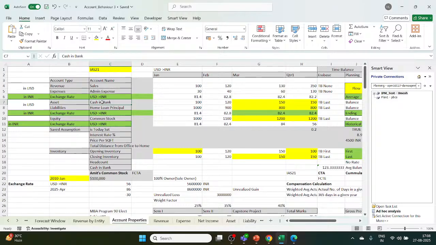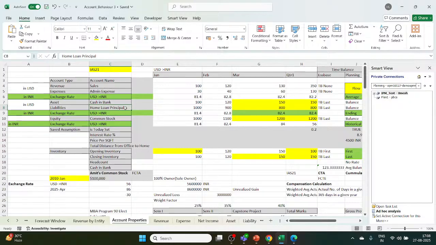So for that we generally use the assets account type. Here the liability is mainly used for our obligation which we have to pay, like our home loan principal. It could be our loan, our payables, account payables. Here our liability could be our bank overdraft also.